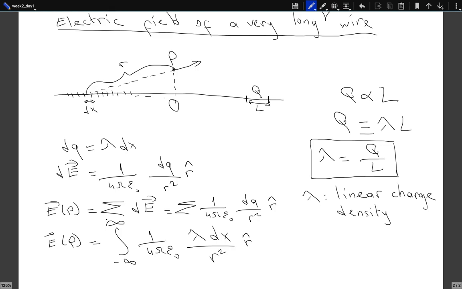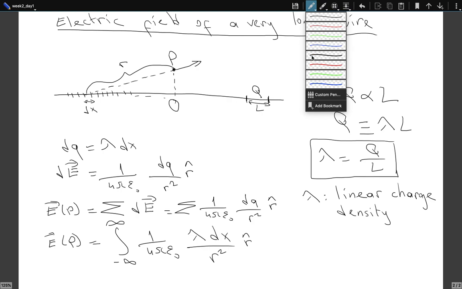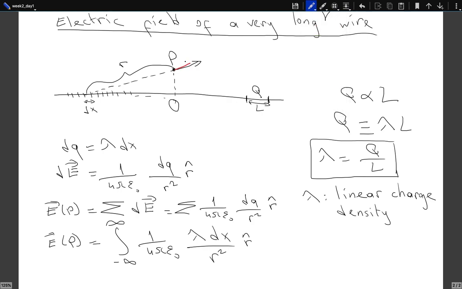So I will rather convert this r hat vector to i hat and j hat, which do not depend on my integration variable, so I can just take them out of the integral. This is my r hat vector. Let me call this angle theta. It has a horizontal component and a vertical component. Let's say this is the x direction and this is the y direction.